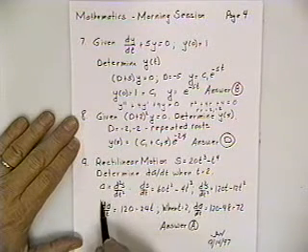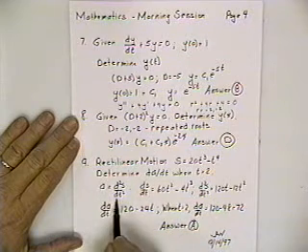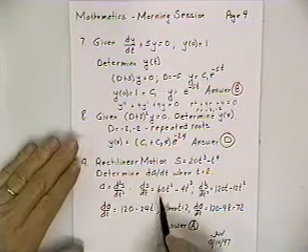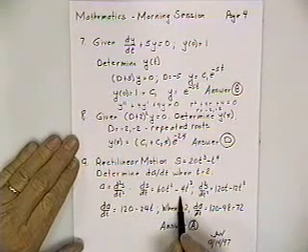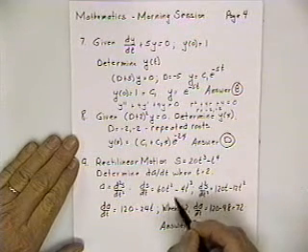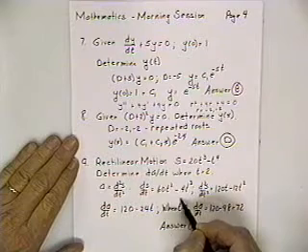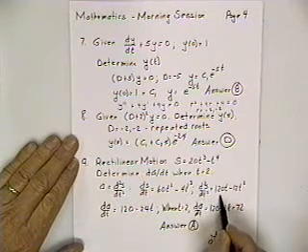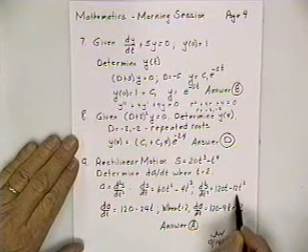Acceleration itself is the second derivative. So we have to differentiate once to get ds/dt, and that's 60 t squared minus 4t cubed. The second derivative is 120t minus 12t squared.